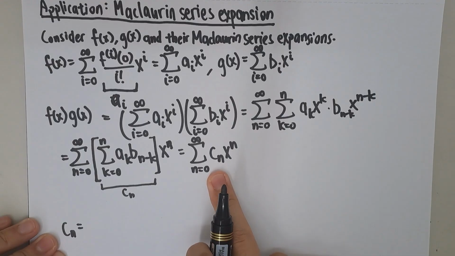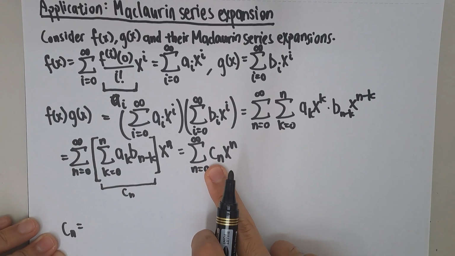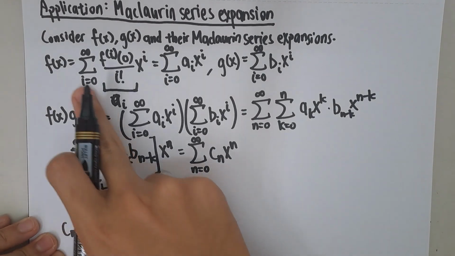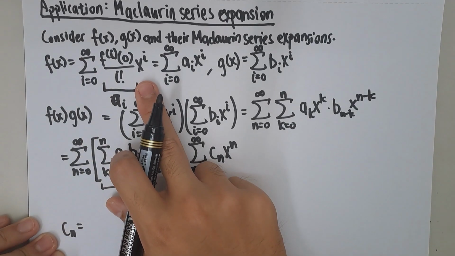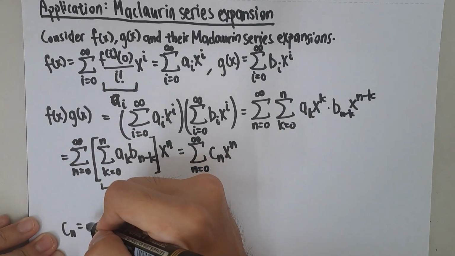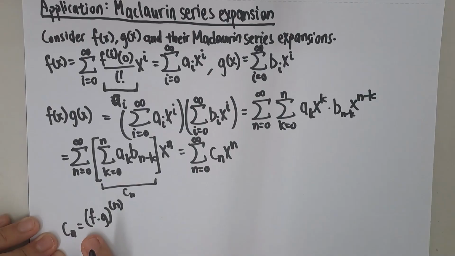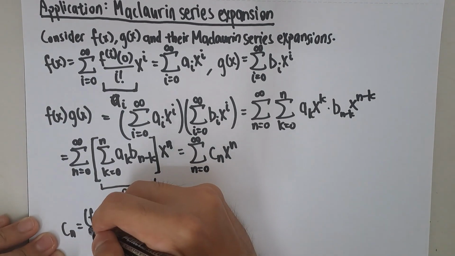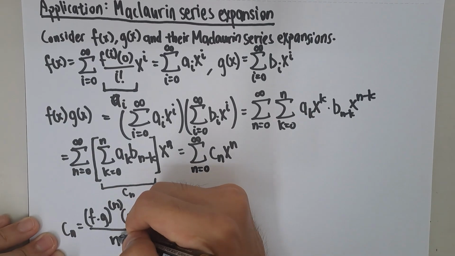Since Cn is actually the coefficients of the powers of x in the Maclaurin series expansion for f times g, we can write it like this. The nth derivative of f times g evaluated at 0 divided by n factorial.